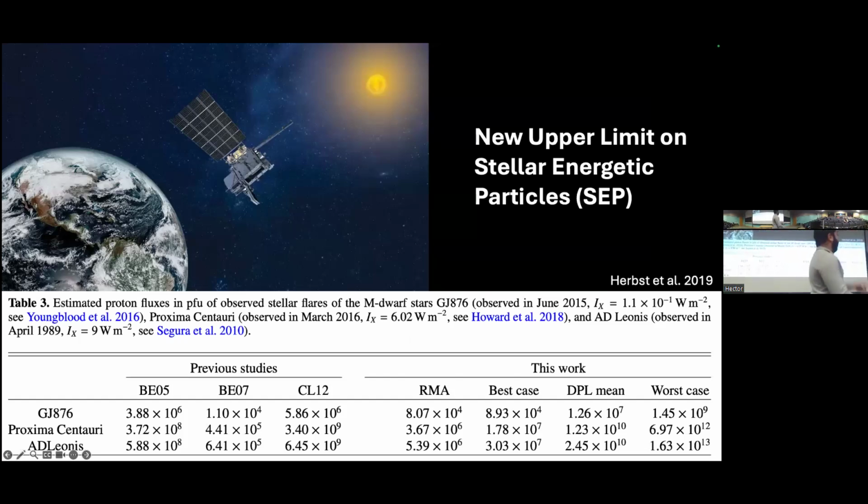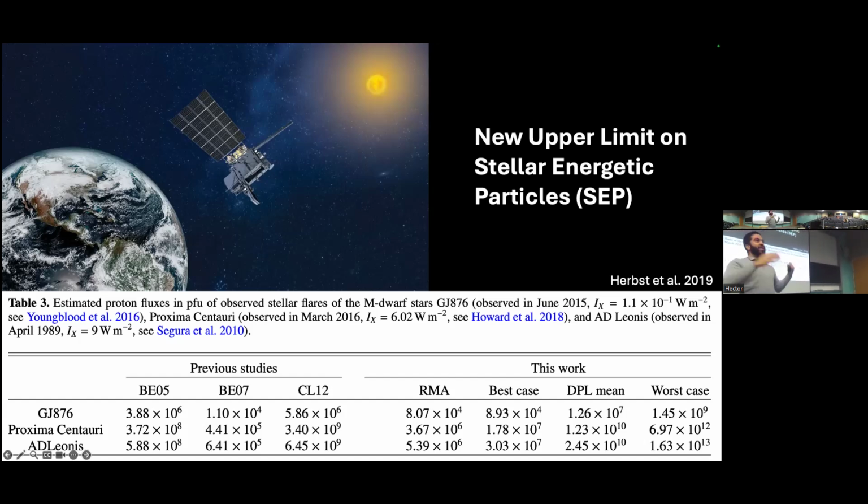Now, in 2018, Herbst recalculated what would have been a Carrington event for an M-star, using new data from the GOES satellite. When they calculated the new solar proton flux, for the star that we looked at, I forgot to mention, the flare star was AD Leo, Segura et al. used an estimated proton flux of 10 to the 8 for their calculations. But Herbst showed that 10 to the 7 was the best case for the solar proton flux.